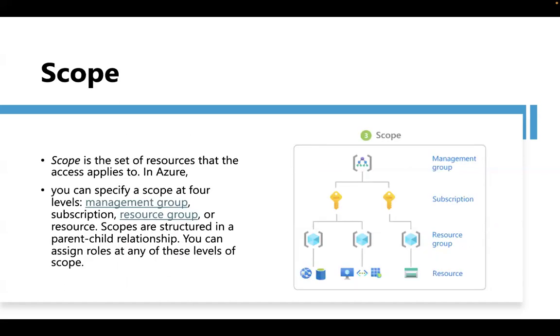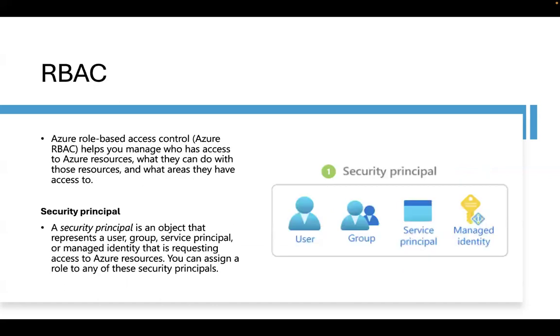And scope, security principal, and role, these three together are called role definition. So the role definition will have the scope, to which resource you are giving access, and the role, what kind of access, reader, writer, or whatever it is, and the security principal, whether it is a user or a group, or a service principal, or a managed identity you are giving to.